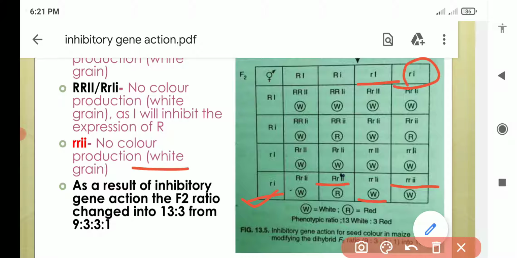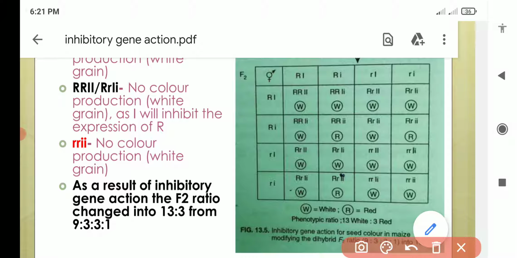Ultimately it will produce white grain, because no color production will be there. Only capital R is able to express itself and produce red color where it is alone. Like here red color production is there, red color production is there, red color production is there.